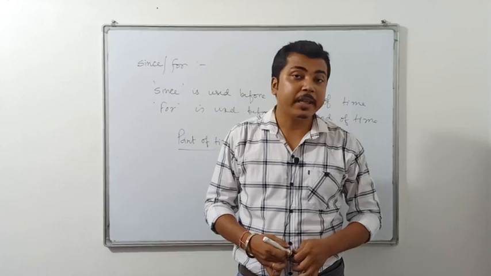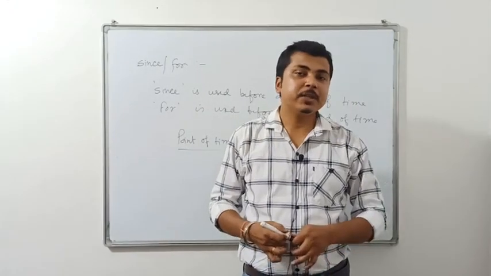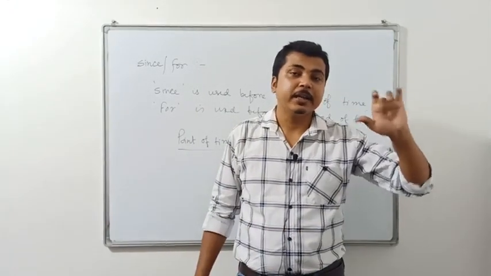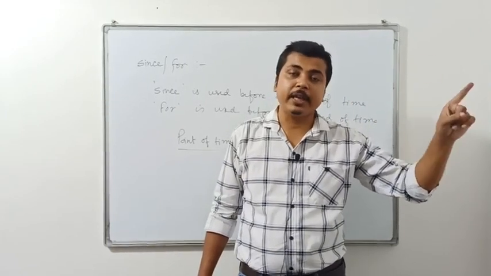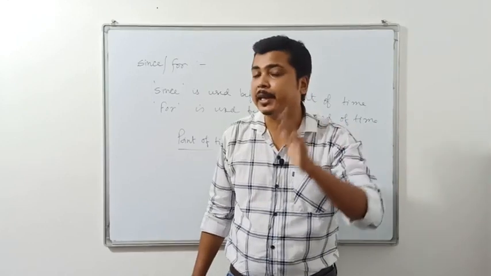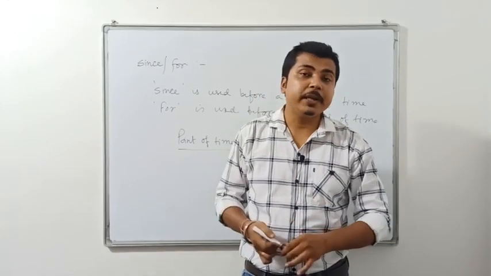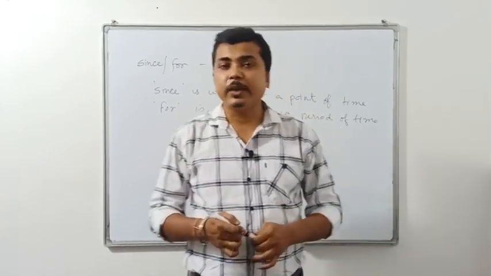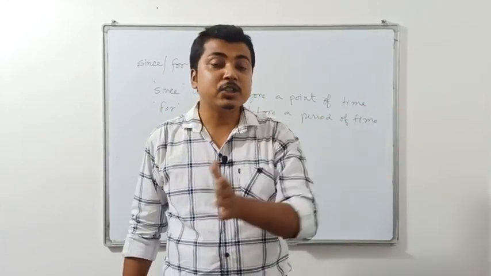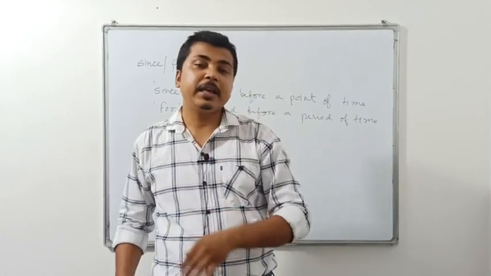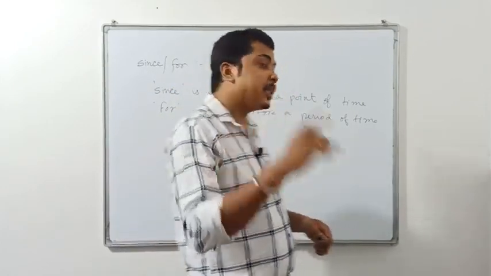It has been raining dash morning. It means what? The action started, raining started morning time. Okay, in the morning, but it has not ended yet. अभी तक ये एक्शन कंप्लीट नहीं हुआ है. So remember dear student, the action which has started in the past but it has not ended yet, in that case we are going to use since.